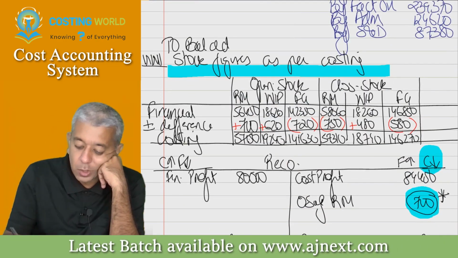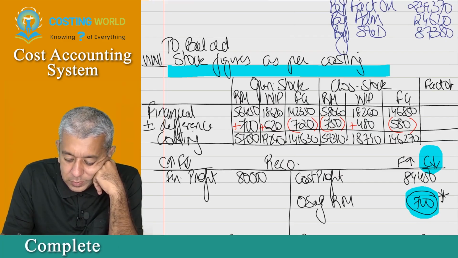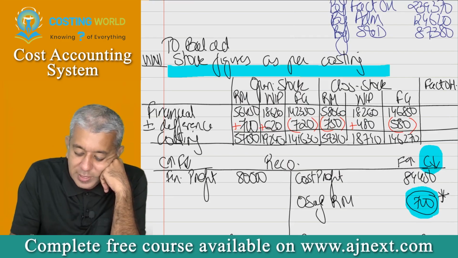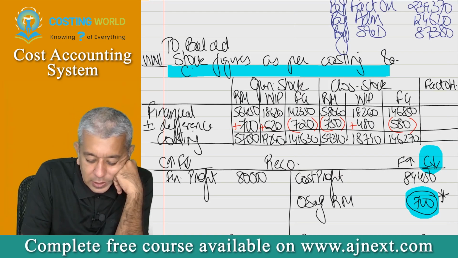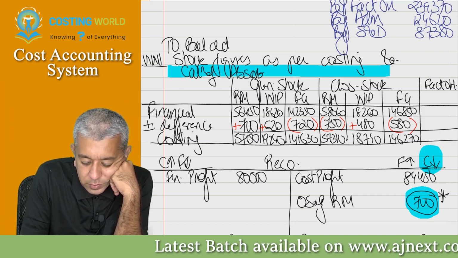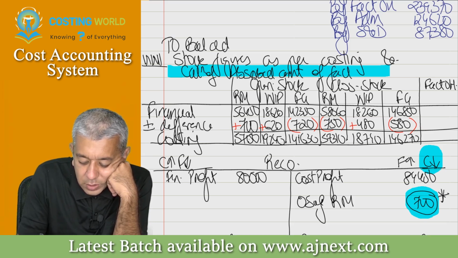Okay. You will do one thing. Write down over here factory overheads, and complete your working note 1: stock figures as per costing and calculation of absorbed amount of factory overheads.